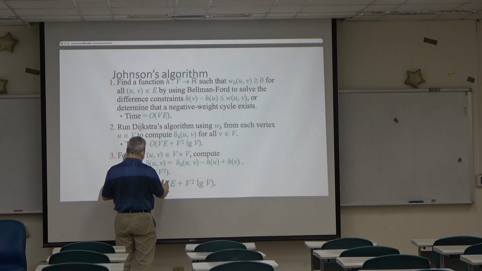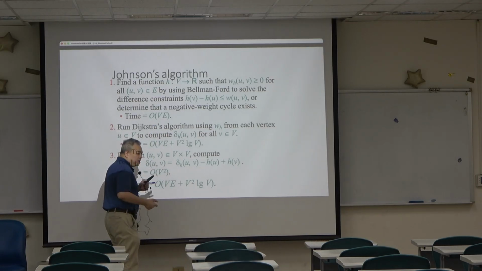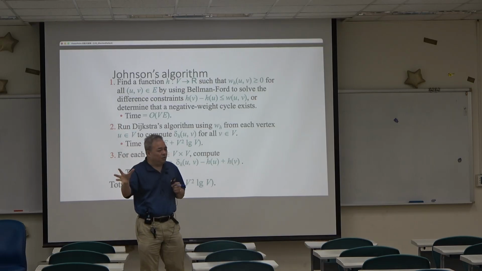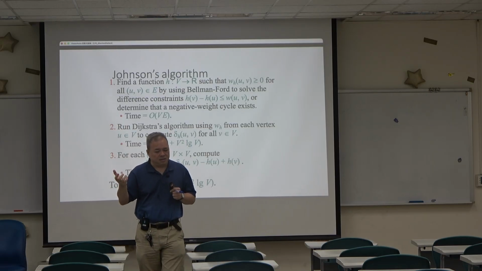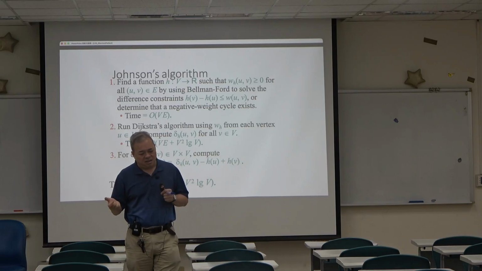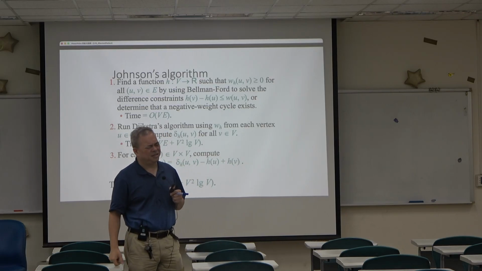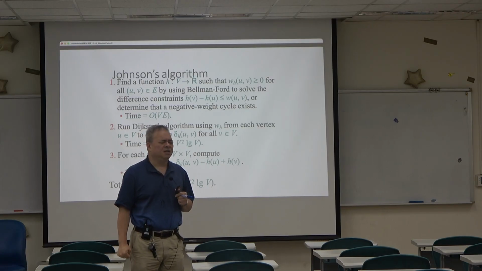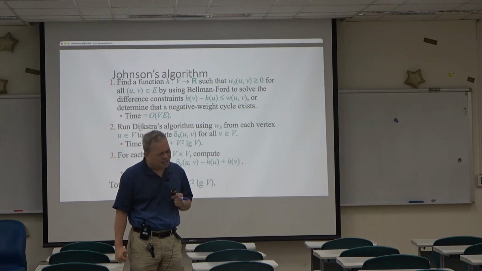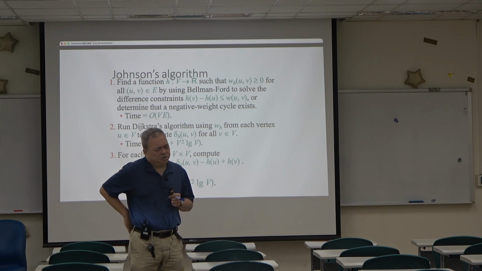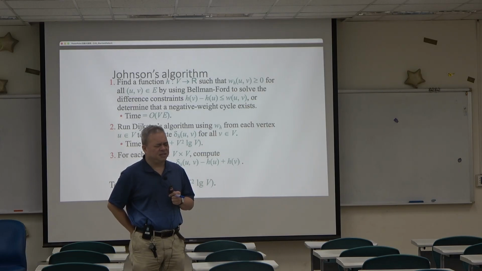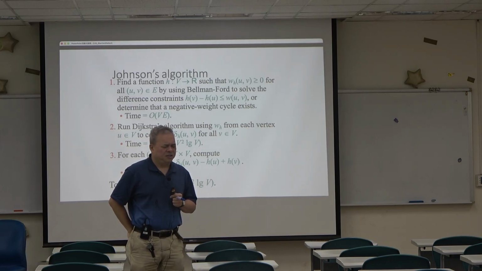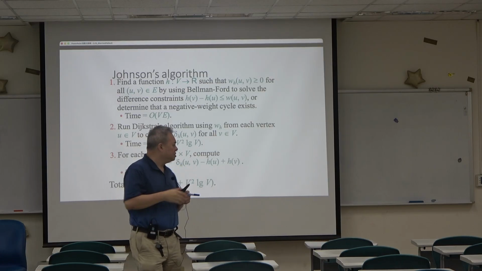So if the graph is small, then Johnson's algorithm is not going to be as effective as Floyd-Warshall. But when your graph is big and it is not dense, under these two assumptions, Johnson's algorithm scales better than Floyd-Warshall because the time complexity is better.